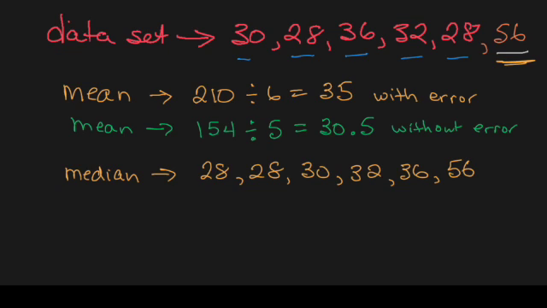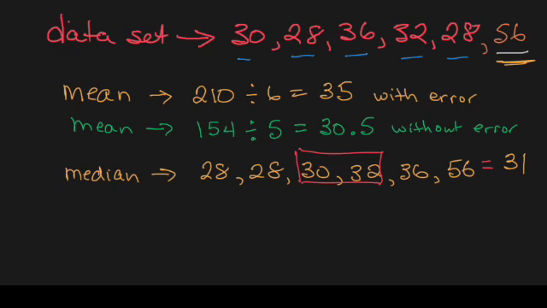To calculate the median, we take the middle 2 numbers, which are 30 and 32, and find the mean of these middle 2 numbers. That's 30 plus 32, which equals 62, divided by 2, and we end up with a median of 31.